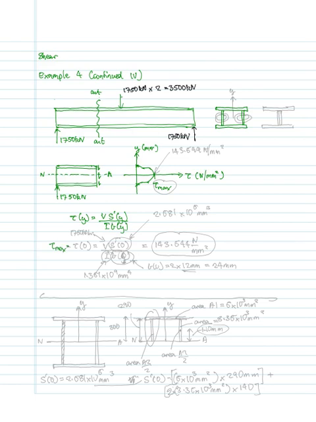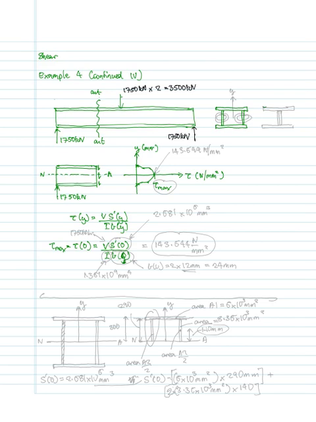Now, the equation is going to be tau. So we've got tau of y is going to be equal to the shear force V multiplied by S dash of y, and that needs to be divided by I, and that needs to be multiplied by B, which is also a function of y.